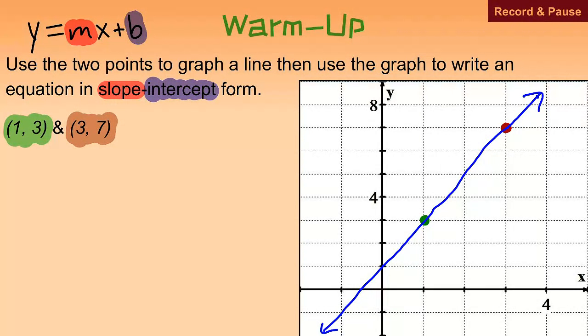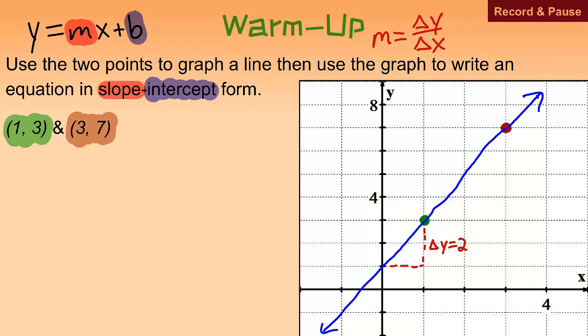So on my line here, I'm going to put in a slope triangle. And I know it's been a while since you've thought about all this, but slope is equal to delta y, or change in y, over delta x, or change in x. So if I look at my slope triangle there, my delta y, from this point right here where the line crosses the corner of a grid, to this point up here where it also crosses the corner of a grid, my delta y is up 2, which is a delta y of positive 2.